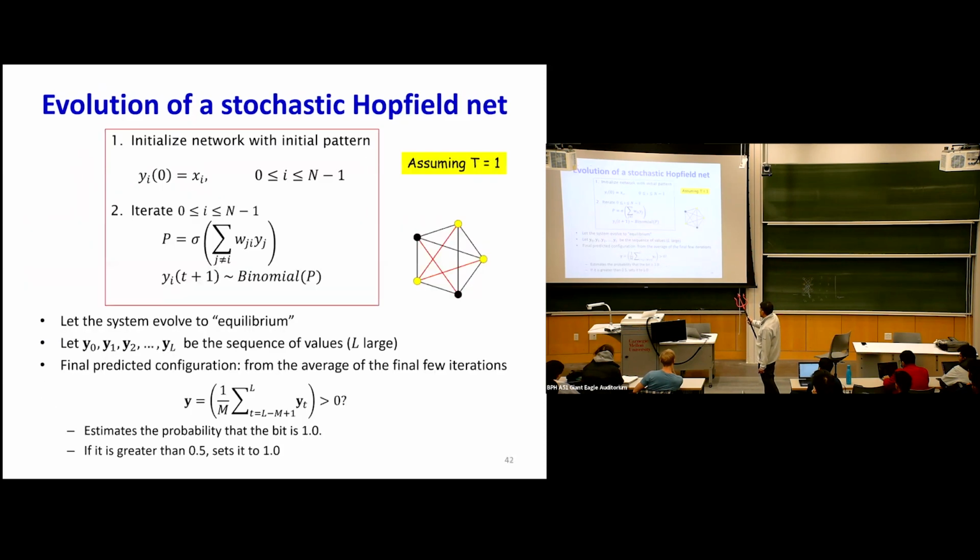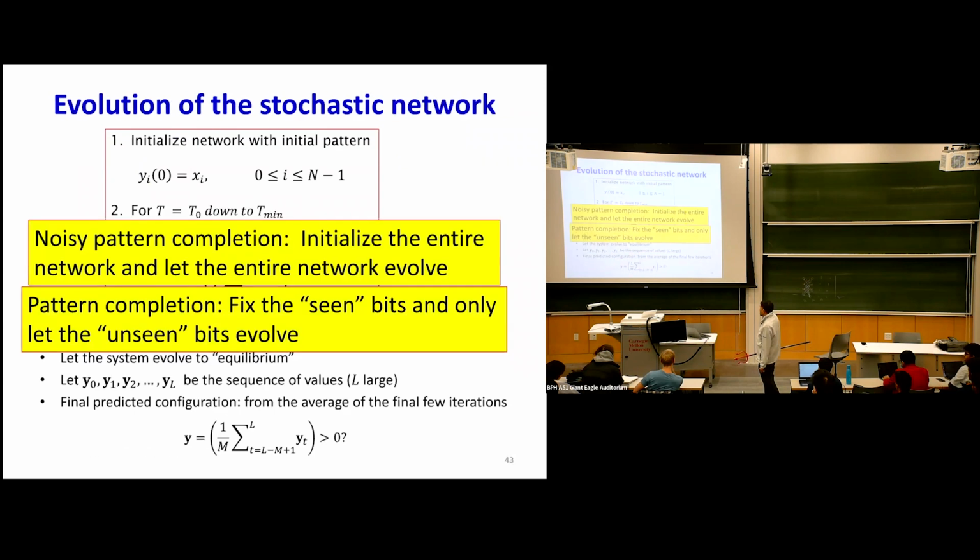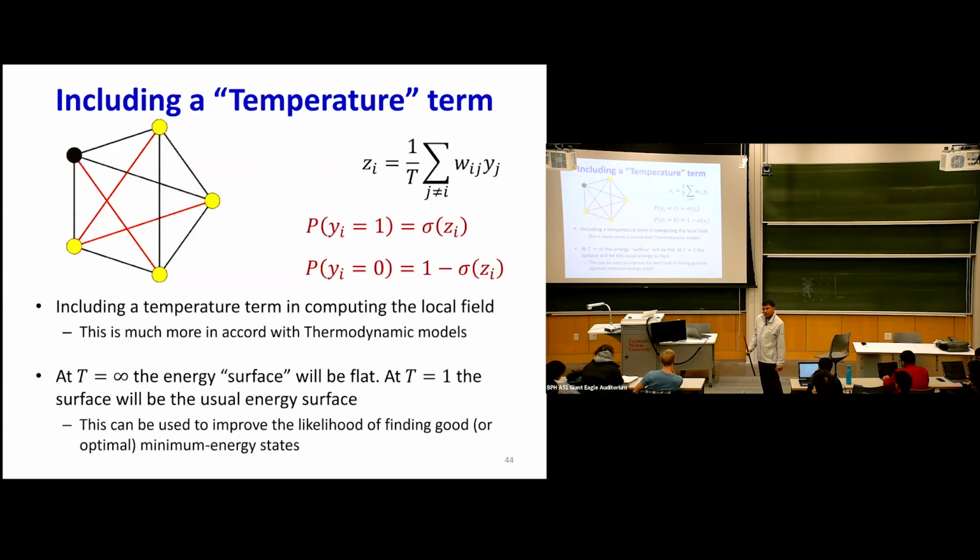When T is infinity, all of them become 0, which means that all states are equally likely, right? Because every neuron has a probability now of being at 0.5, of being in either state 1 or state 0. So this becomes an uninformative system.